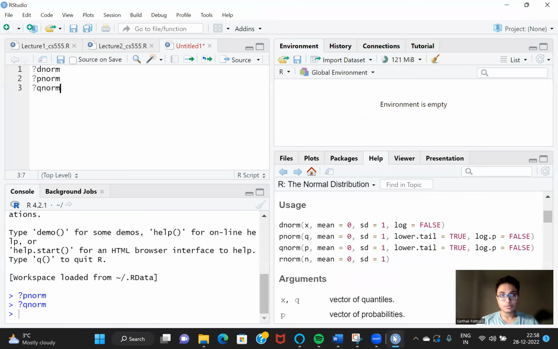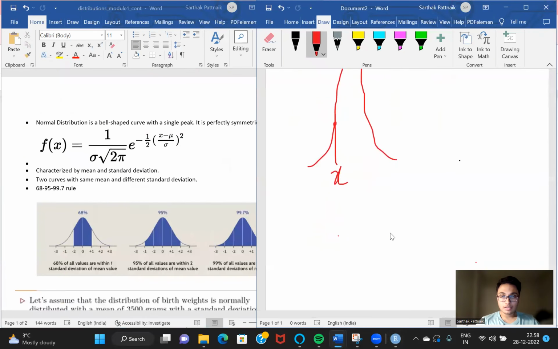We'll move to our next function, which is pnorm. In pnorm, the syntax is pretty much the same.